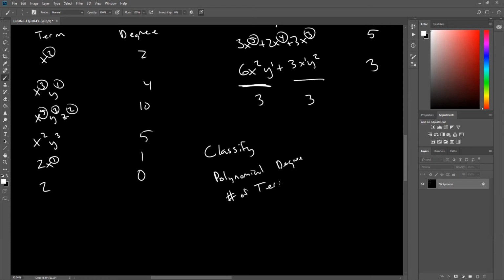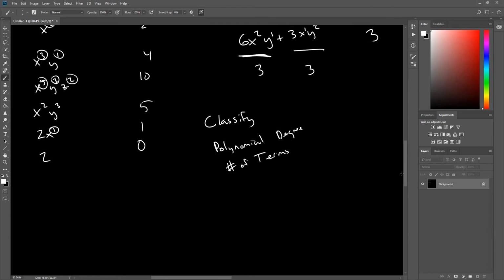The number of terms plays into the name a little more. If we had 5x to the 7th, our degree is 7, but we only have 1 term.